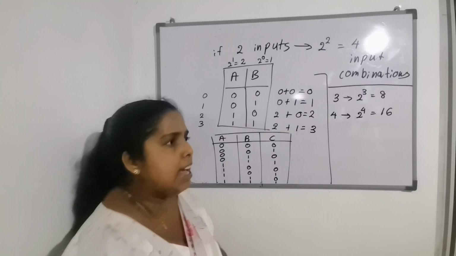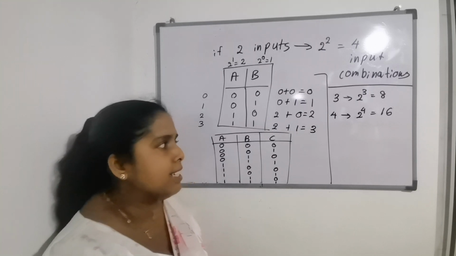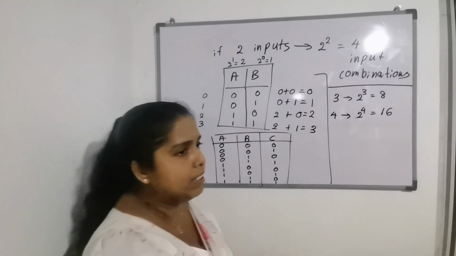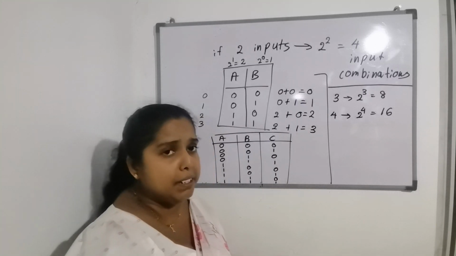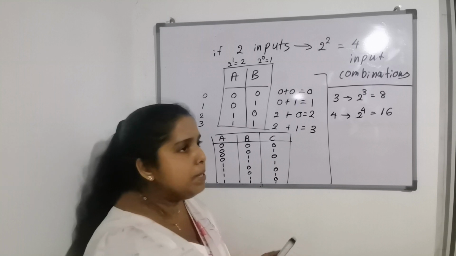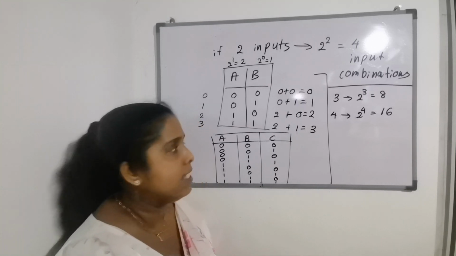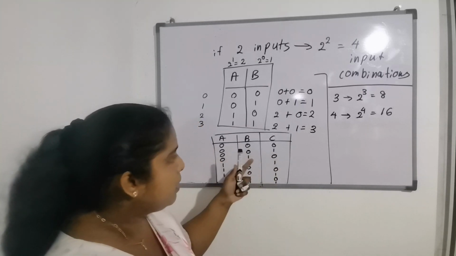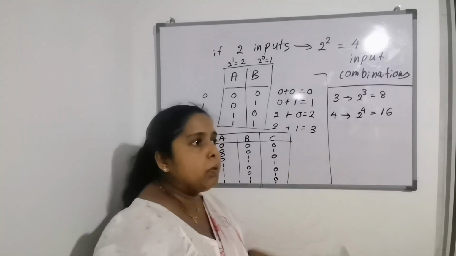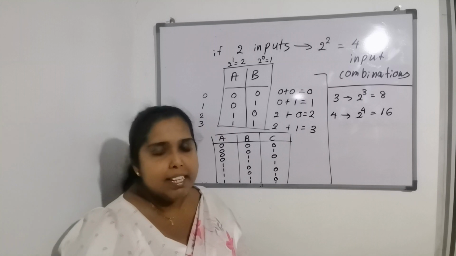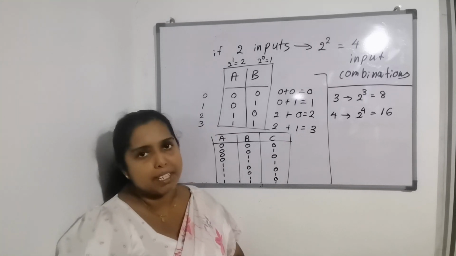Most students have a problem when they are given a description like A is this, B is this, but they haven't given the order. Is that ABC, BCA, what is it? Whatever combination you use, you will get the correct output, but the output order will be a little different. That's the only thing. There's no problem regarding that.